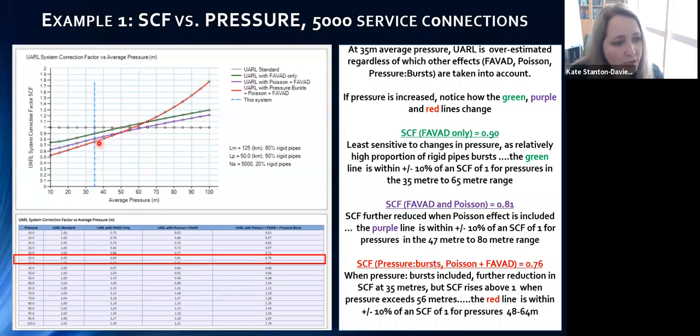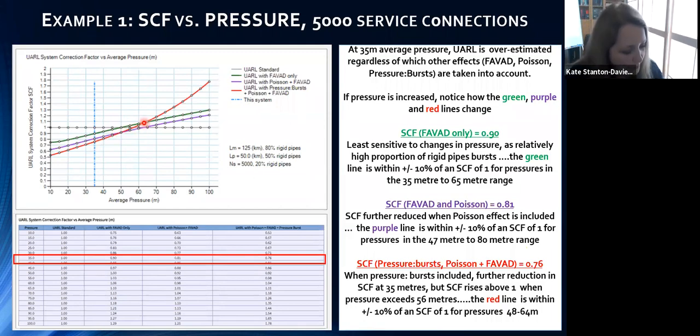And if you look at the ranges under which this particular system correction factor is within plus or minus 10% of this value of 1, then the red line is only within that plus or minus 10% boundary between about 48 meters pressure from here up to 64 meters pressure up here.